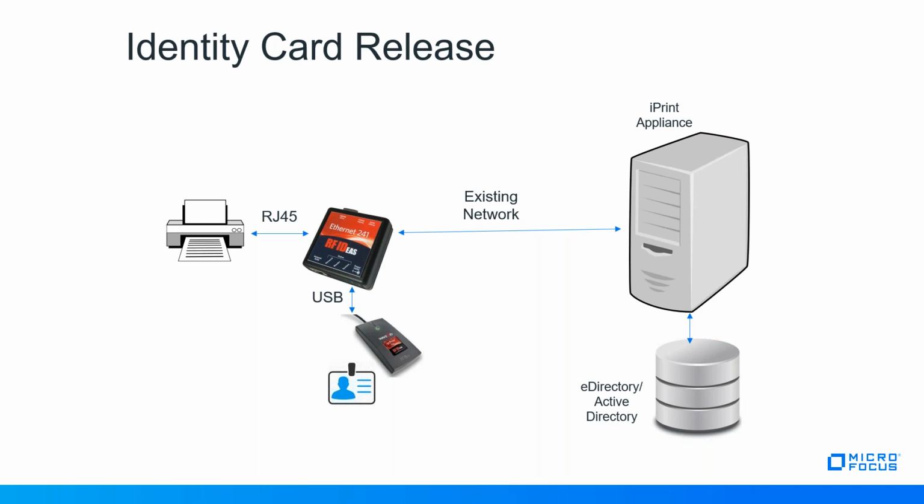It's very simple. You have an RFID device connected to the printer, and the end user walks up and uses his badge ID to authenticate himself, and the jobs are pulled from the iPrint server to be printed.